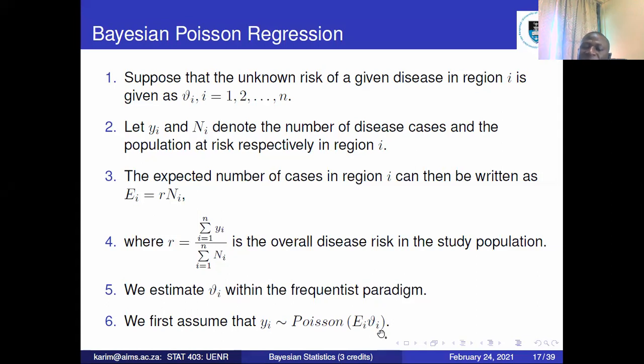We have the theta that we have here, and then multiplied by the expected number of diseases. So the rate in this case is the risk multiplied by the expected number of cases. So our rate is equal to the expected number of cases in region i multiplied by the risk in region i. This is our rate, not lambda anymore.